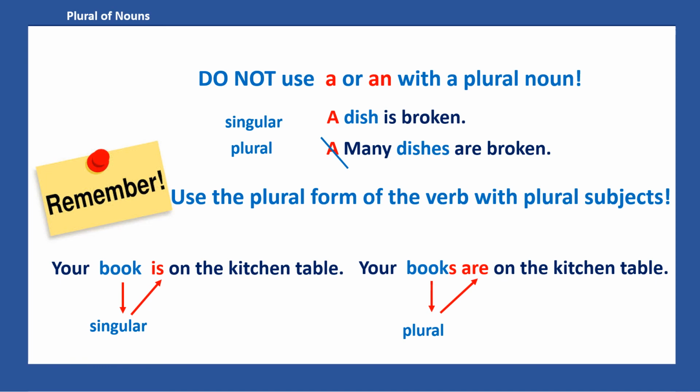They are on the table. So, listen and repeat. Your book is on the table. It is on the table. Your books are on the table. They are on the table.